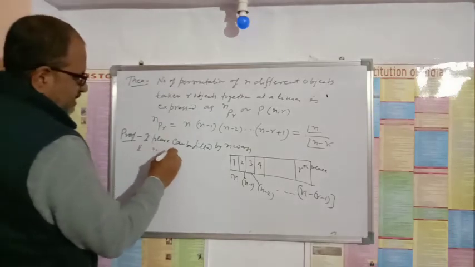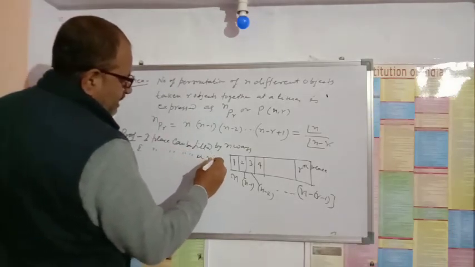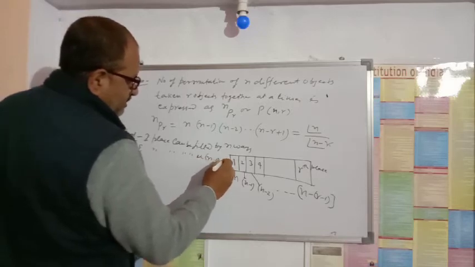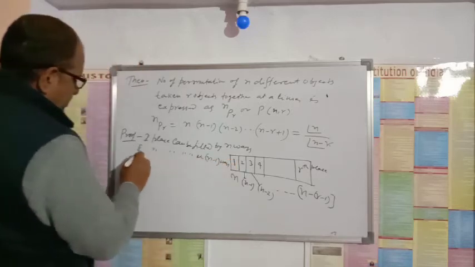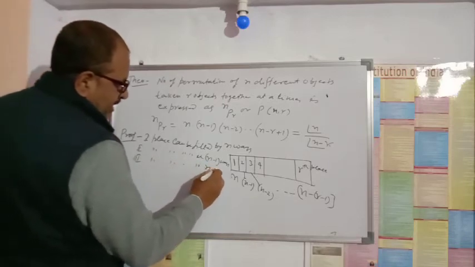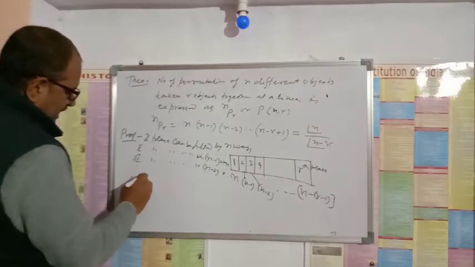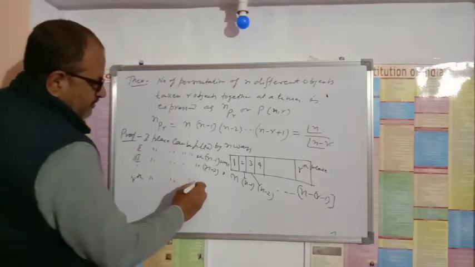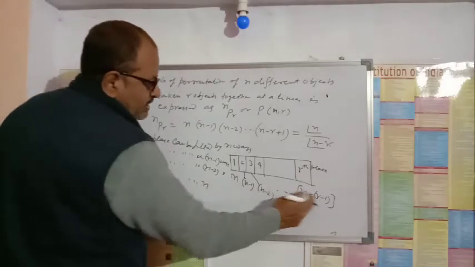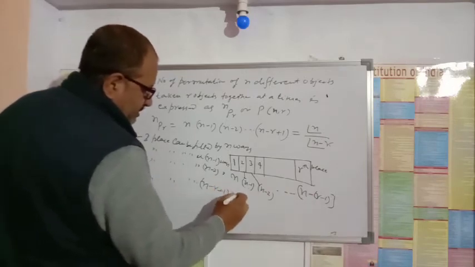The second place can be filled in n minus 1 ways. The third place can be filled in n minus 2 ways. Similarly, the rth place can be filled in n minus (r minus 1), that means n minus r plus 1 ways.